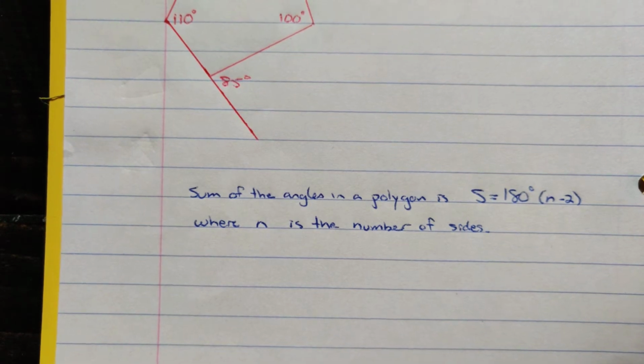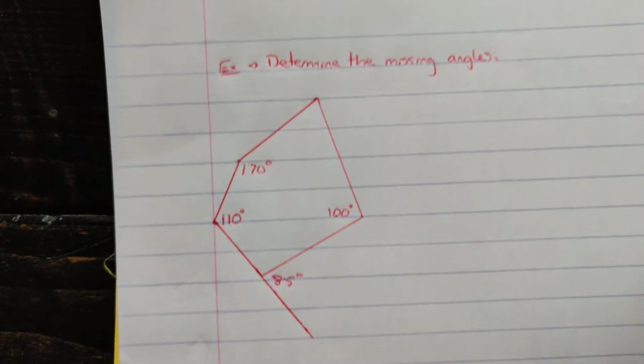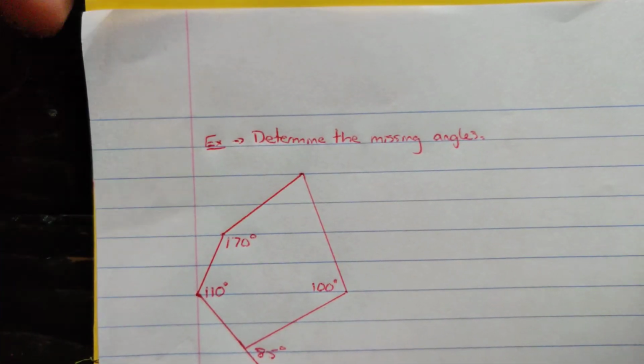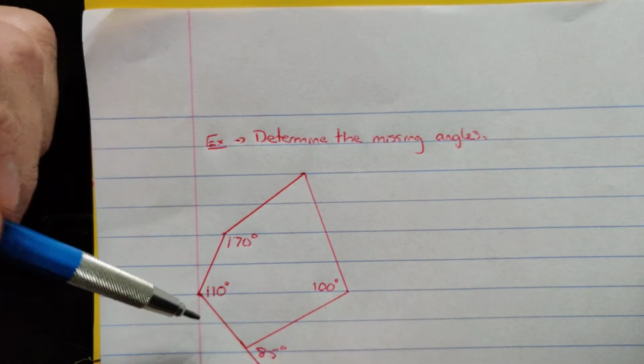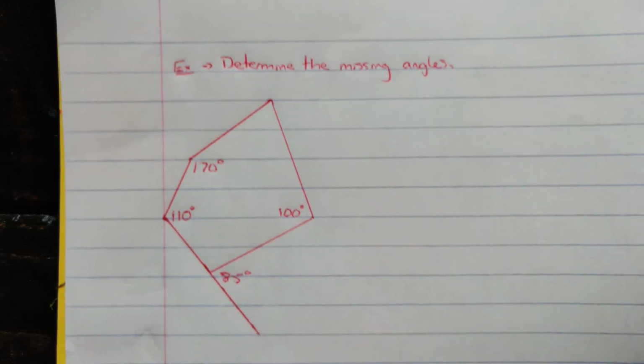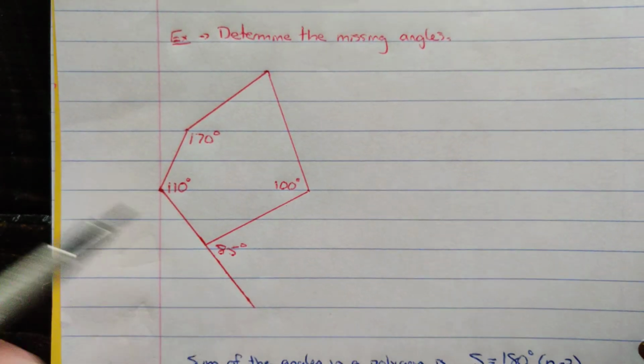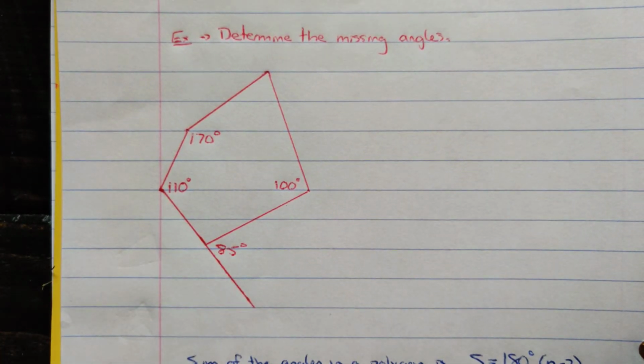Moving on. We can use these to determine the missing angles. So here we have a 1, 2, 3, 4, 5-sided shape. And we even have an external angle out here. We want to find these missing angles. So a 5-sided shape is going to be a pentagon. Pentagon is going to have 540 degrees within it.